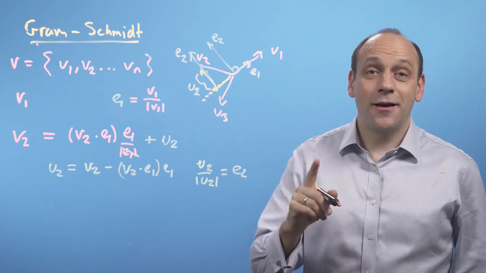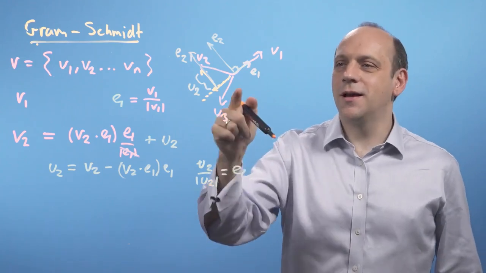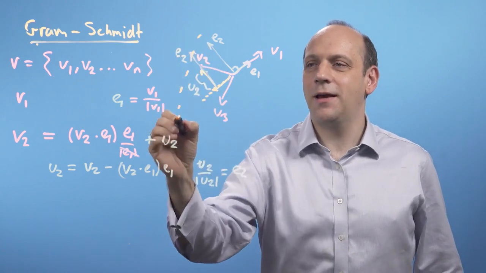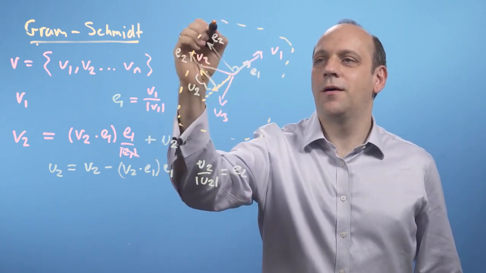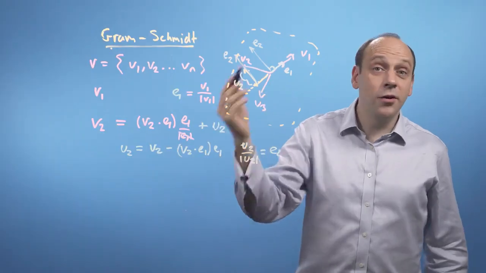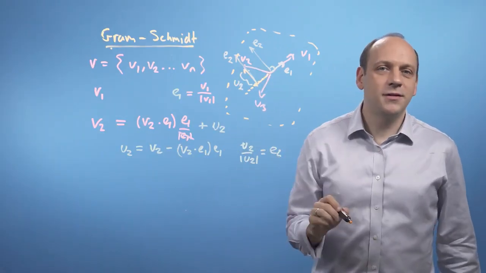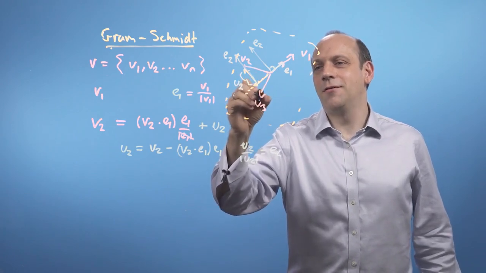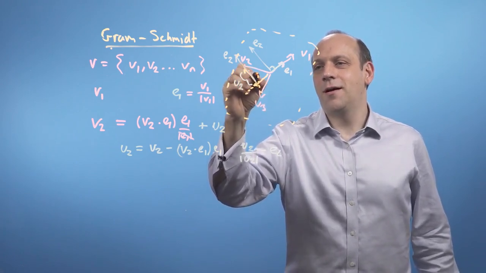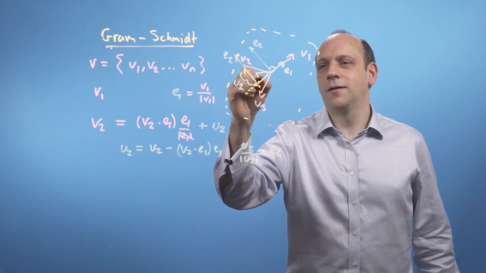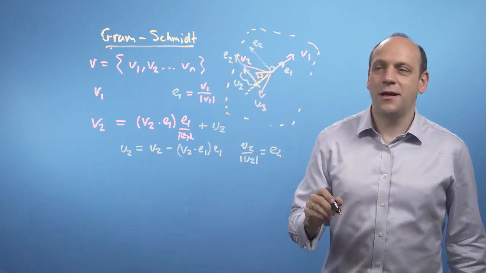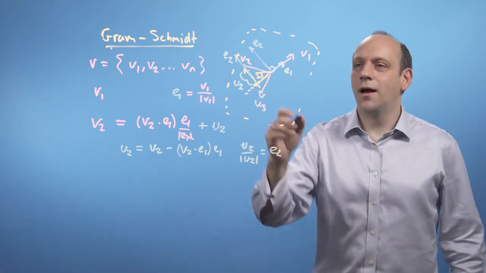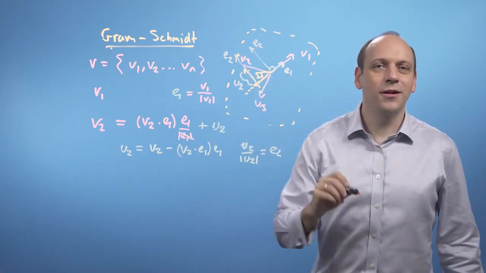Now, my third vector, v3, isn't a linear combination of v1 and v2, so v3 isn't in the plane defined by v1 and v2. So it's not in the plane of E1 and E2 either. So I can project v3 down, something like that, onto the plane of E2 and E1, and that projection will be some vector in the plane composed of E2s and E1s.